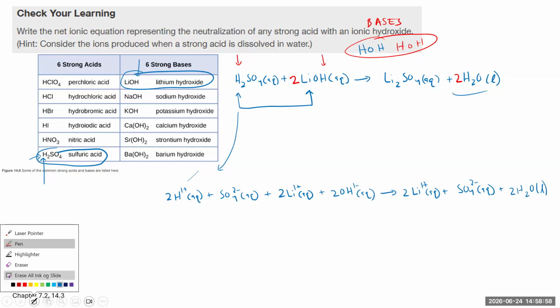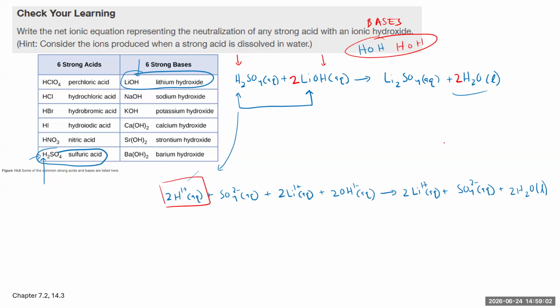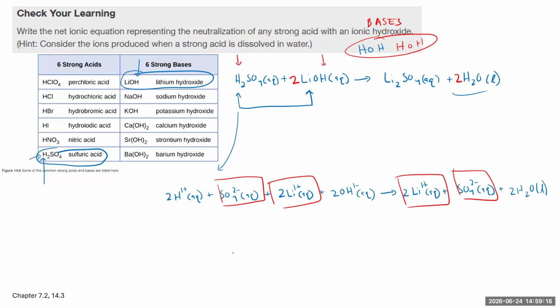Box up stuff that's the same. Hydrogen. Oh, sorry, there's no hydrogen there, so it's not the same. Cancel that. All right, let's check sulfate. Sulfate is the same. Sulfate is the same. We'll leave those out. Lithium is the same. Let's leave those out. All right, so then we're going to use our leftovers.